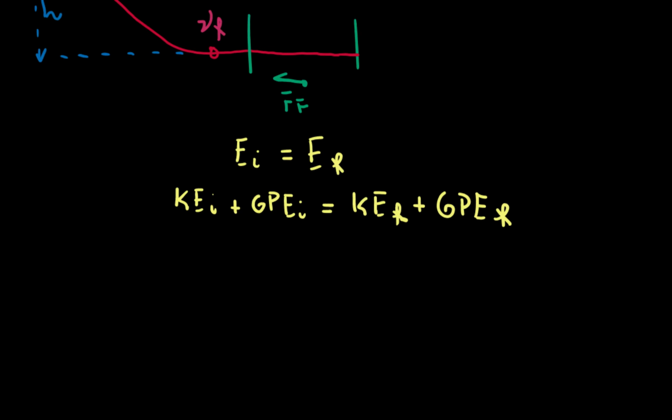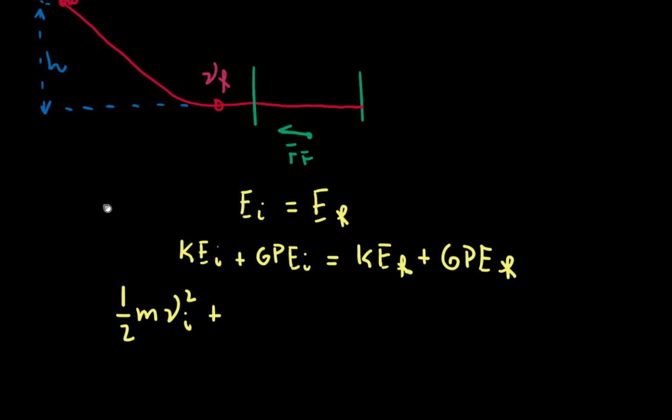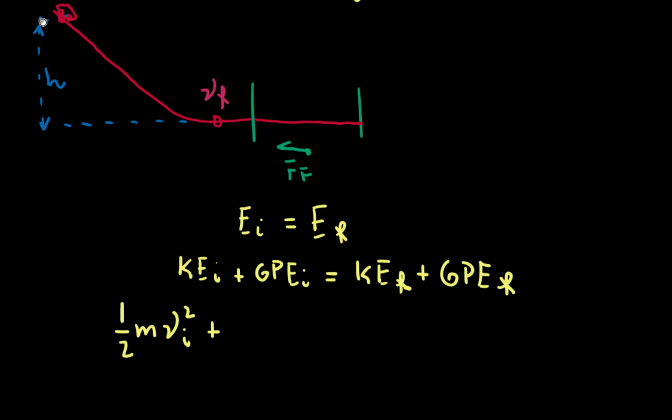And if we open this up with the expressions we know for what these are, this means that this is 1/2 mass times the initial speed squared plus, and now the initial here means that you're all the way up there, right? So initially you have all the gravitational potential energy, and then as you drop, it goes to 0.